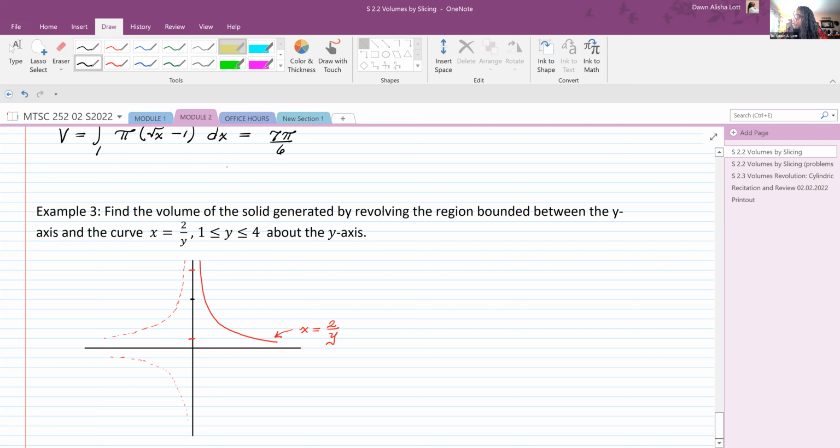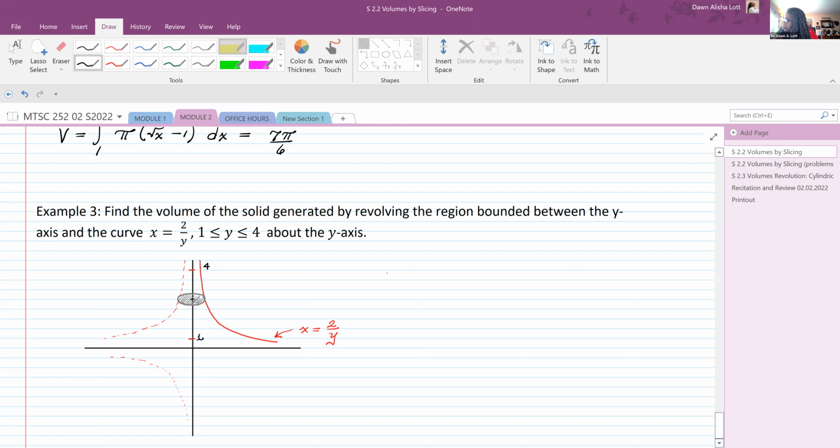Here's my value of y. I will start here and go around and come back. And there is my disk. So since I have a very nice disk, I can see my disk is going to start down here at y equals 1, and it's going to end up here at y equals 4.